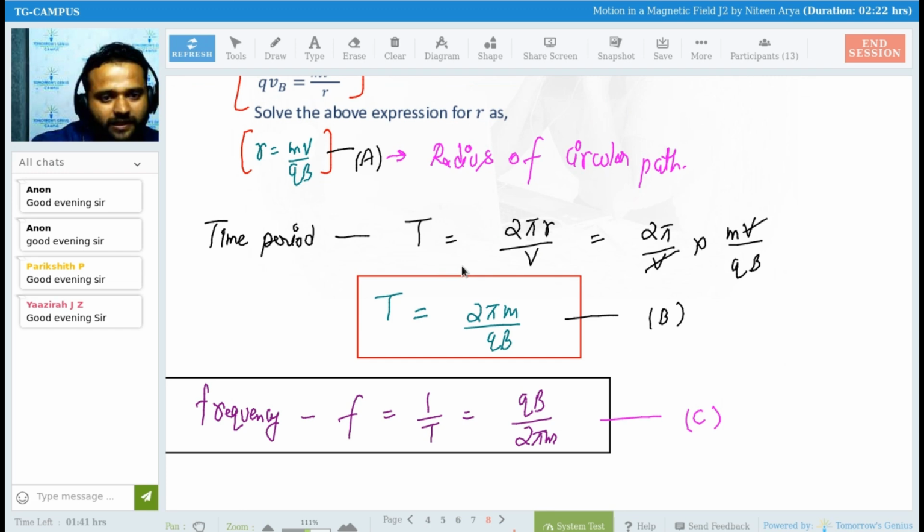So as you can see clearly, in the time period and in the frequency, we don't have any velocity component. So the time period and frequency for a helical path are going to be the same. Clear? Is this clear?